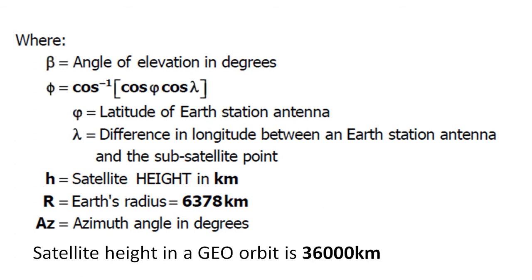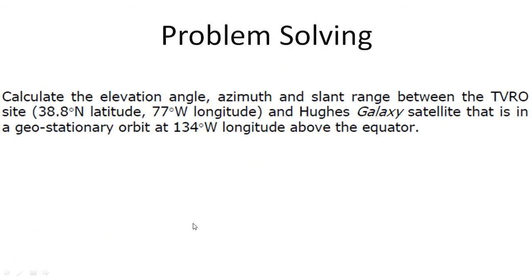Okay? Next, the Earth's radius, so yung R is 6,378 kilometers. I think constant din yan sa calculator nyo if I'm not mistaken. And the azimuth angle, always in degrees yan. Okay? So, let's have an example.